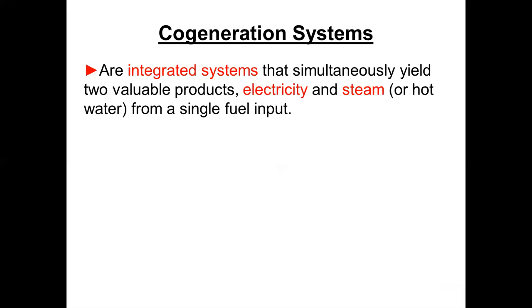And so the idea is that we combust a fuel, natural gas or coal or oil or something, to produce the heat. We make the high pressure steam. We generate some electricity going through a turbine, and then we come out.